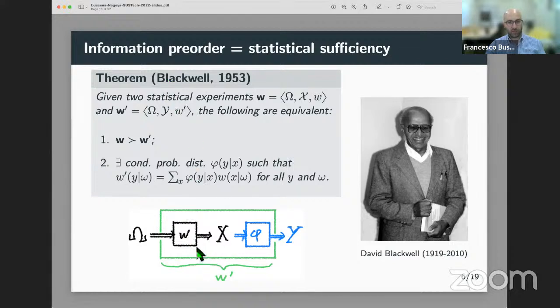So Blackwell tells you that if W is more informative than W prime, then there exists a post-processing phi that is able to simulate exactly, to give you exactly the same correlation that W prime gives you. So essentially, you are able to build W prime using W. This is a notion that sometimes is also referred to as statistical sufficiency. So W provides a sufficient statistic for W prime.